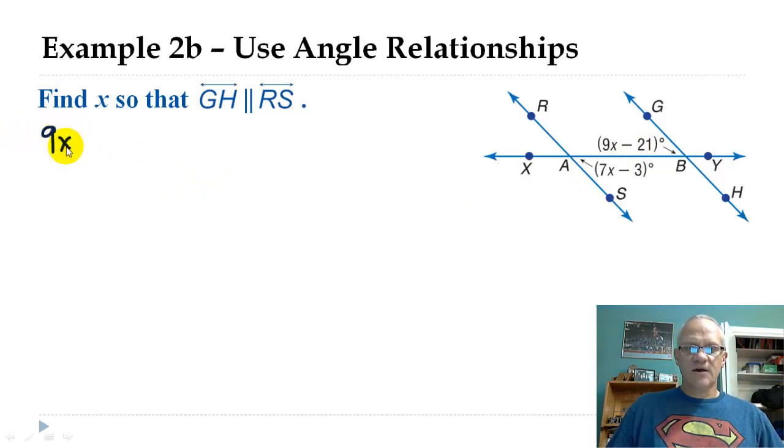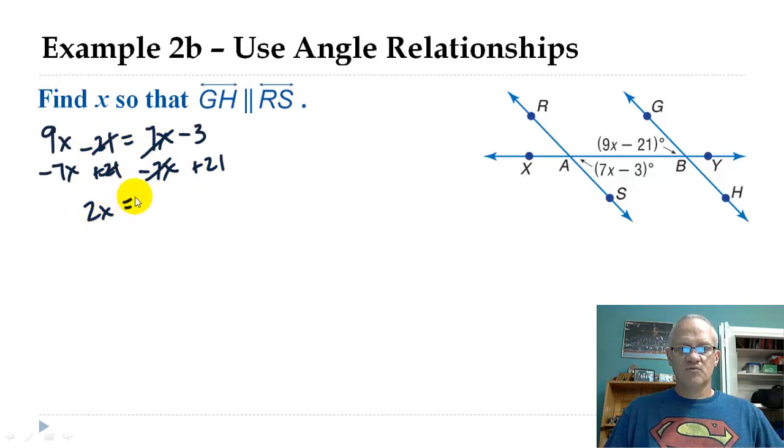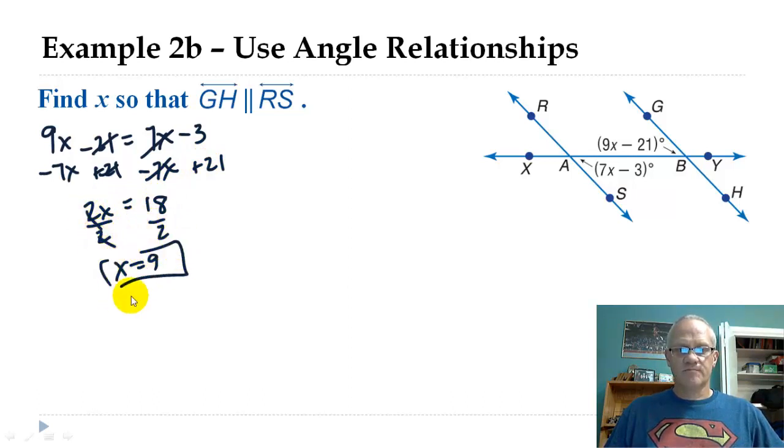So we would say 9x minus 21 equals 7x minus 3, minus 7x, plus 21. So that gives me 2x equals 18, divided by 2, and x equals 9.